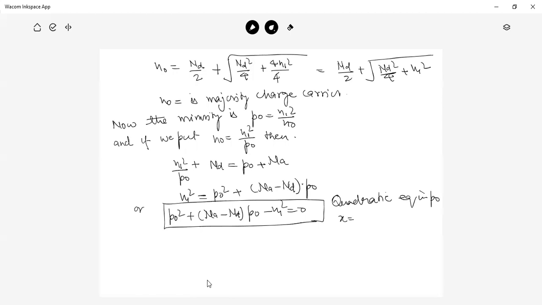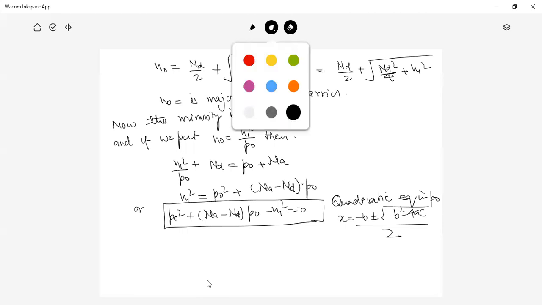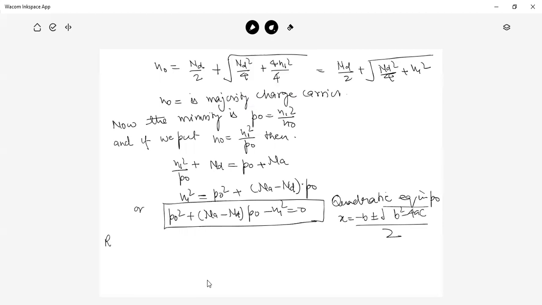And the roots are minus b plus or minus under root b squared minus 4ac divided by 2. So p0 is equal to minus (N_A minus N_D) by 2 plus under root ((N_A minus N_D) whole squared by 4 plus ni squared).